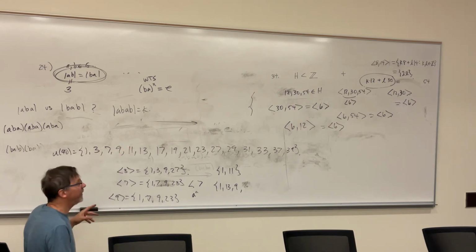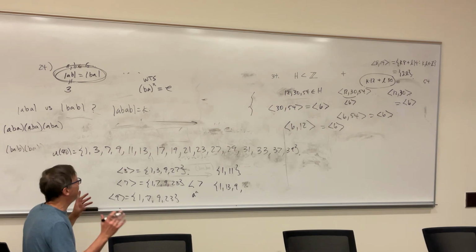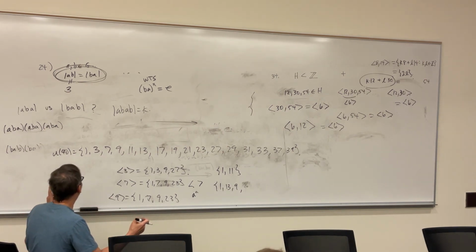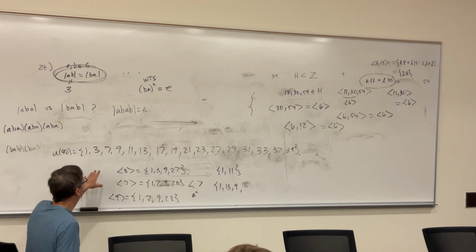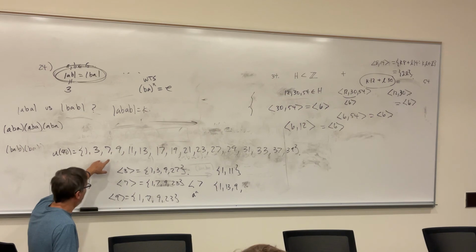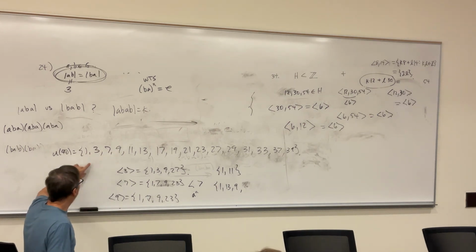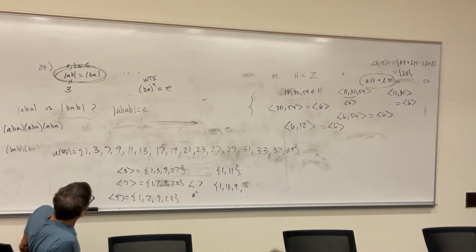So if the problem was to find a subgroup of order 16 that is not cyclic, this would work because, well, wait, is there one thing in there that generates everything? Maybe not.